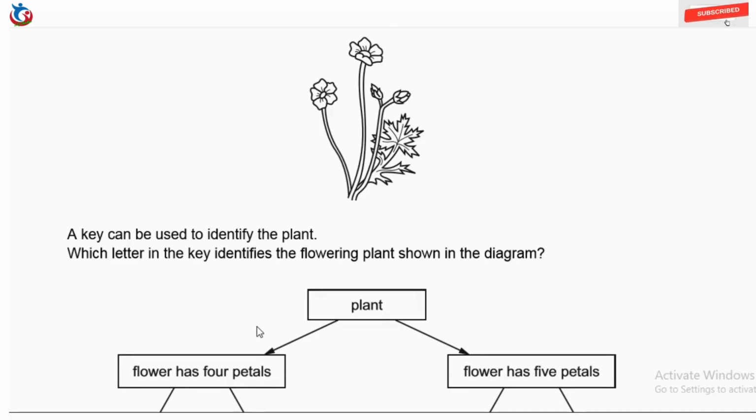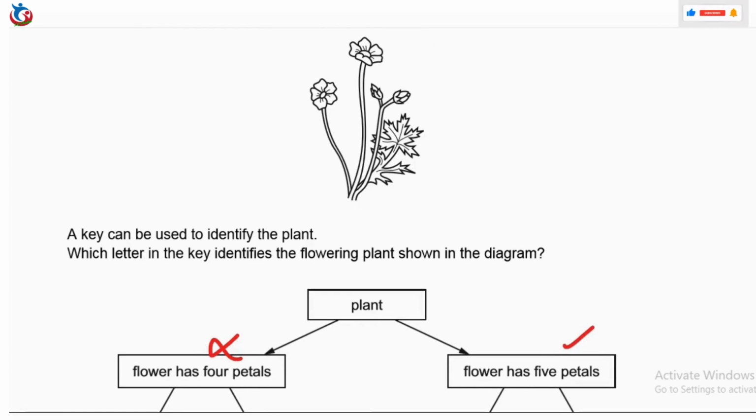flower has 4 petals. Flower has 4 petals, and if you look at our flower, we have 1, 2, 3, 4, 5. So automatically, this plant does not fall into this category. It falls into this. The flower has 5 petals.